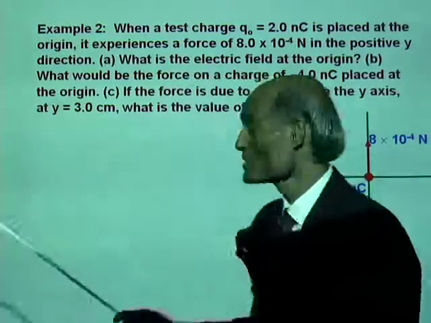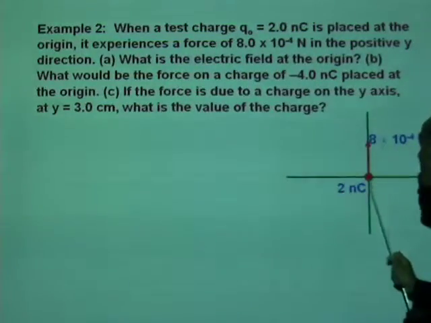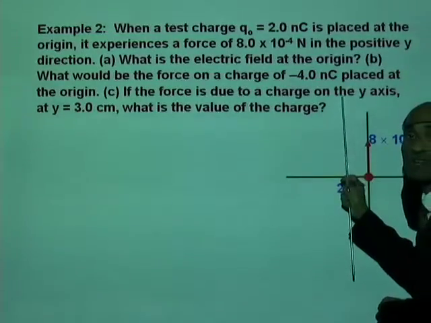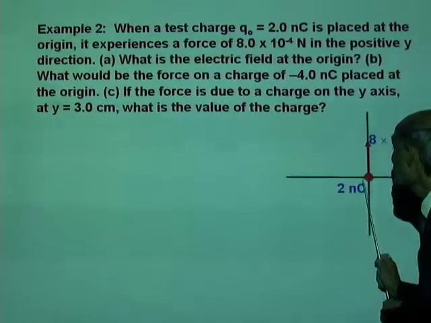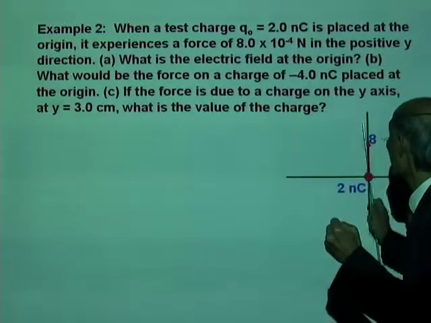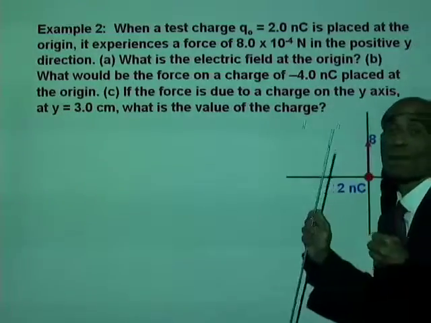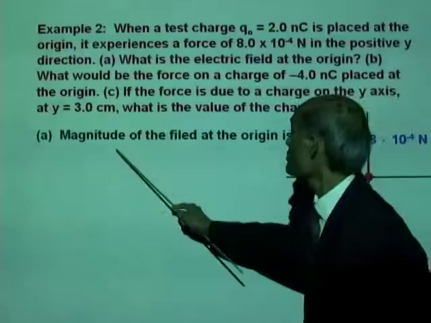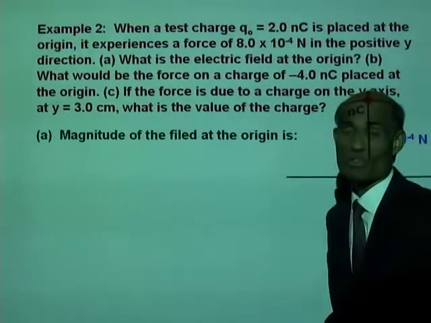Well, that means if this 2 nanocoulomb experiences a force in the positive y direction, this is due to an electric field at the origin directed in the positive y direction. Alright? The magnitude of the field at the origin.